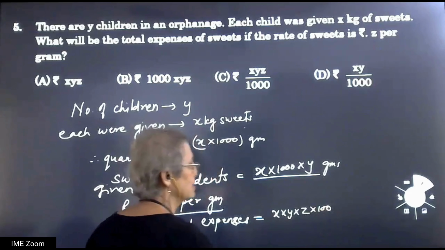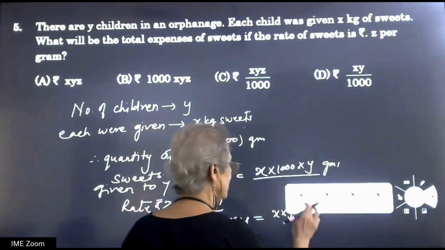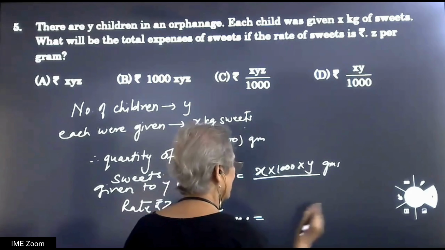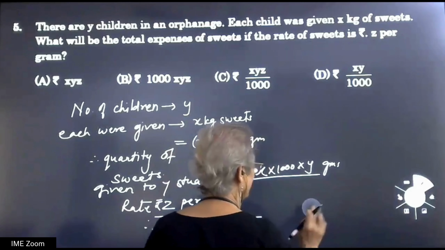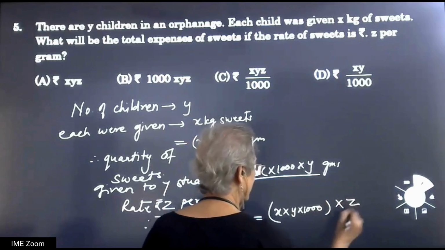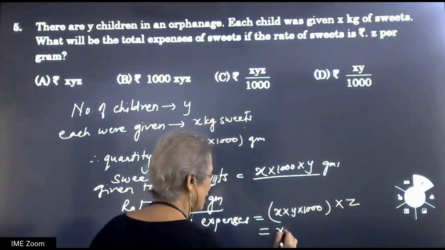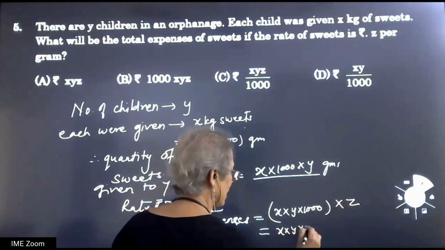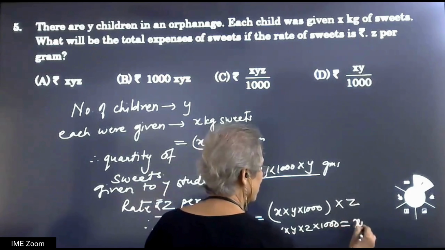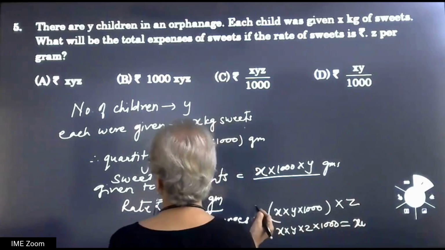Or you can write like this also, wait. This is the cost: X into Y into 1000, this is the quantity, and the cost is Z. Therefore the answer is X into Y into Z into 1000, which is nothing but 1000 XYZ.